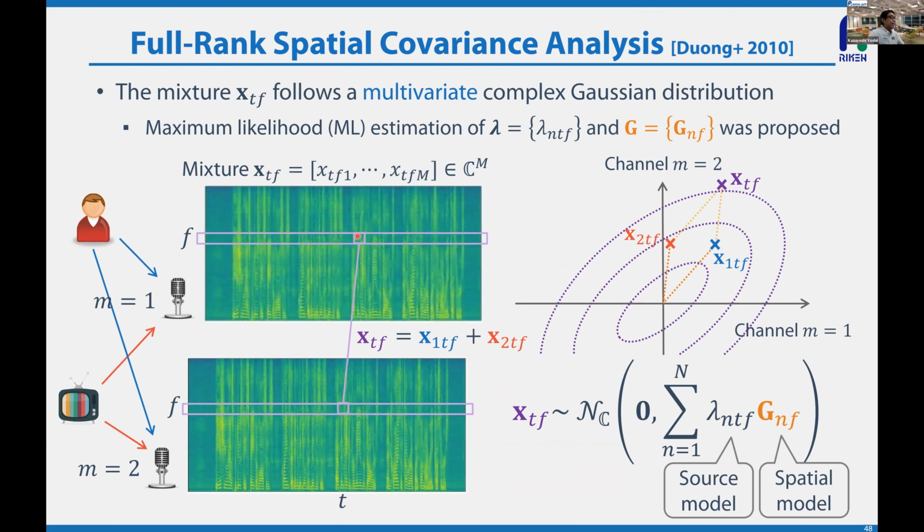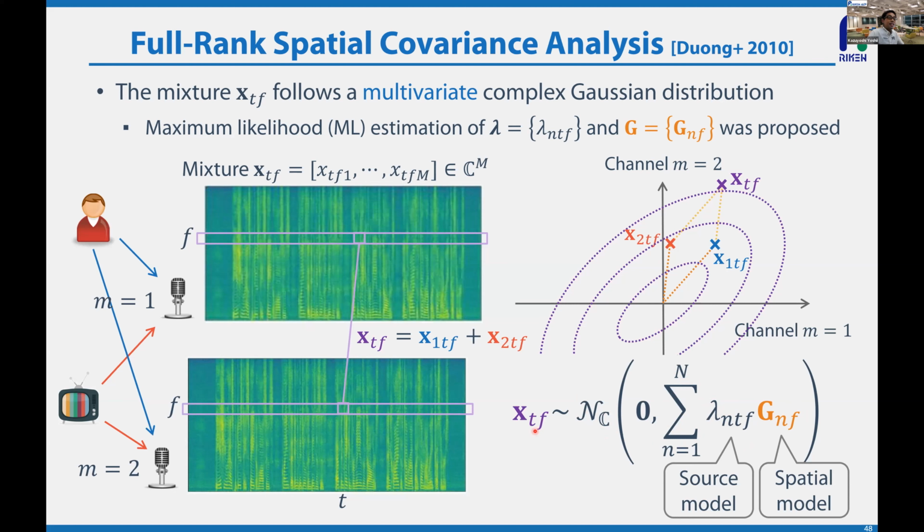Then xtf is the sum of these two complex vectors. In this case, using the reproductive property of the Gaussian distribution, xtf, the mixture, is given by this multivariate complex Gaussian distribution. Its covariance matrix is given by the sum of the individual covariance matrices corresponding to the individual sound sources.